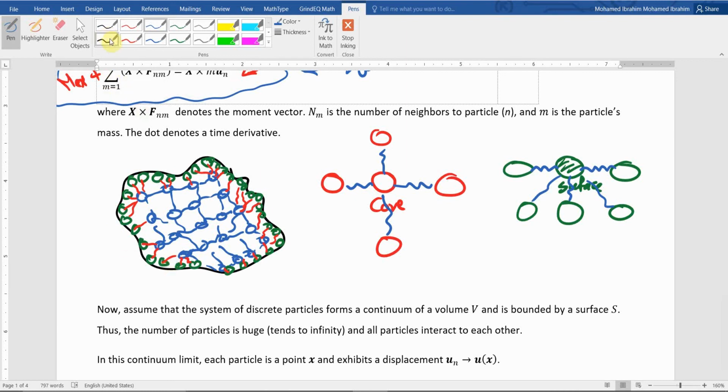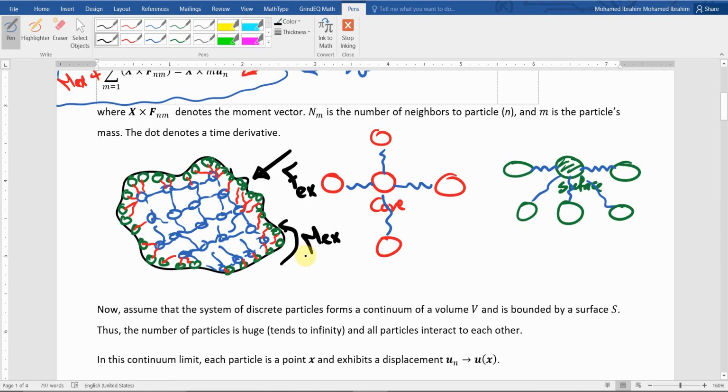And let us assume that we are going to subject this continuum to some external forces, like force F external, for example, or some external moment, or whatever. Forget about the moment for now, let us focus on the force. Assume that we have some external forces acting over this continuum. So these forces should do something to this continuum material.